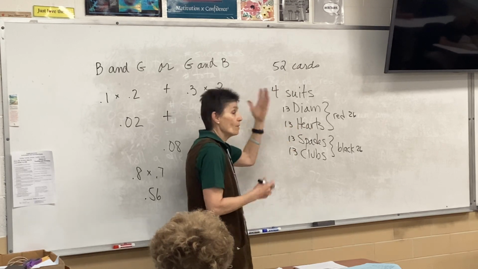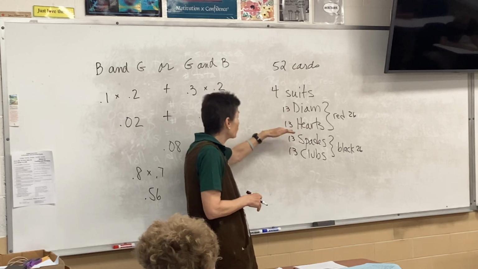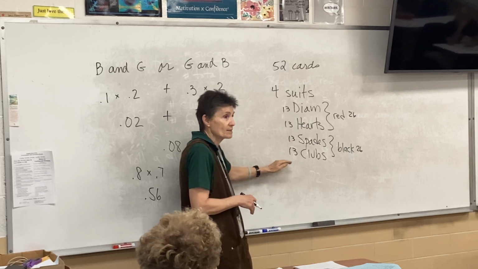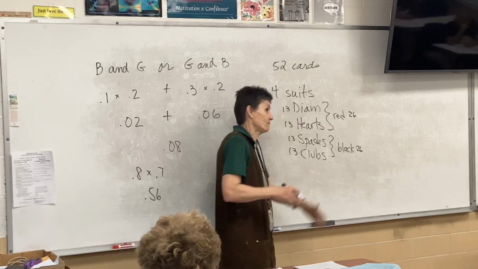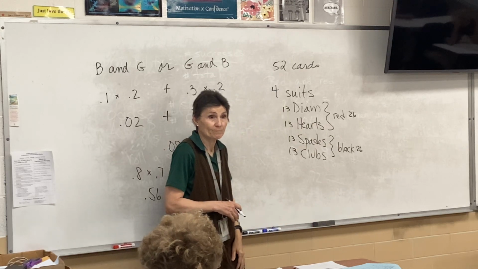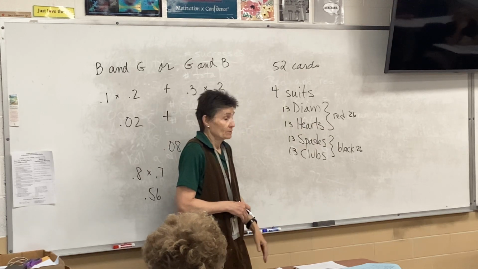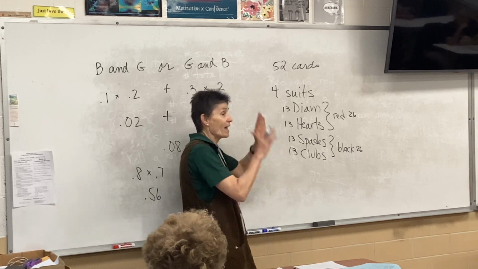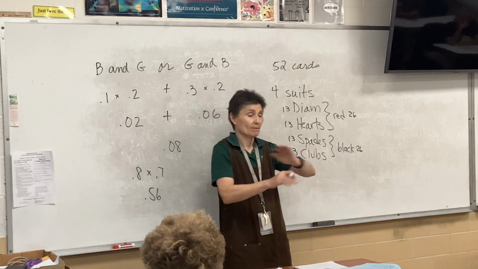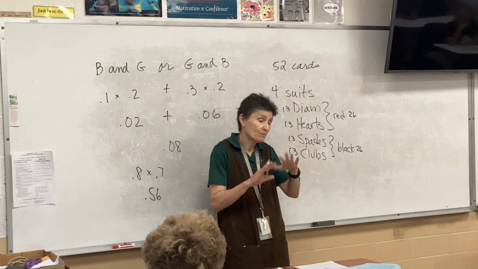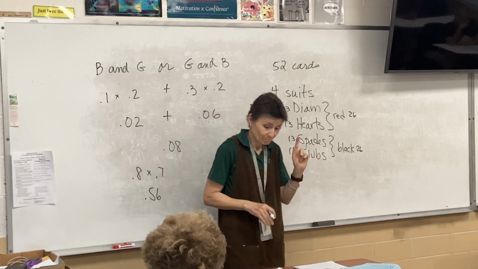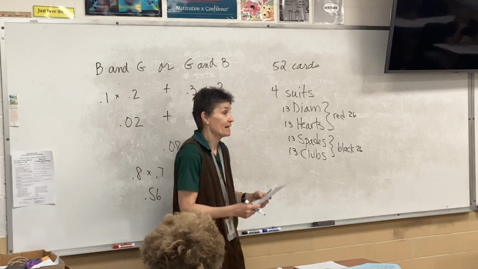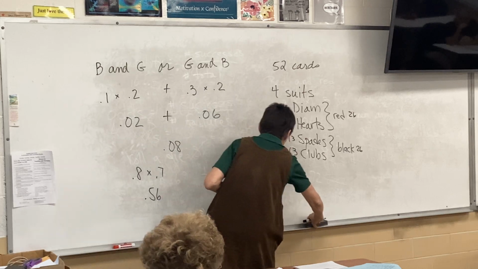So there's a queen of diamonds, a queen of hearts, a queen of spades, and a queen of clubs, and an ace of each, and 2 of each, and so on. So if you don't already have that, that's all you need to know. If you already know that, great. If you don't, then you need to get comfortable with it, because we're not going to be able to answer the questions without that knowledge.